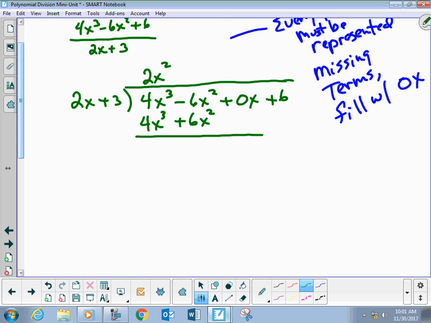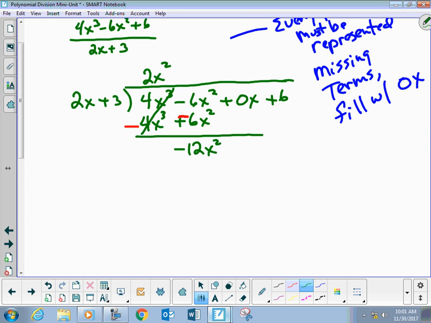Now this is why it's so critical to think about changing the signs and adding. Because a lot of you would get this part of it wrong here with the 6's. Looks like 0, doesn't it? Change the signs and add. These cancel, but this gives me minus 12x squared.